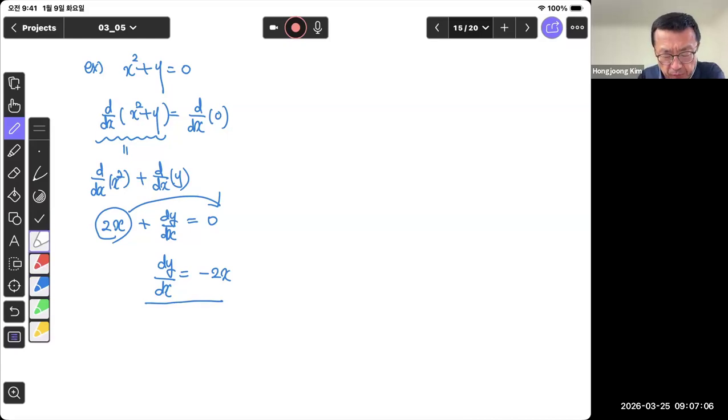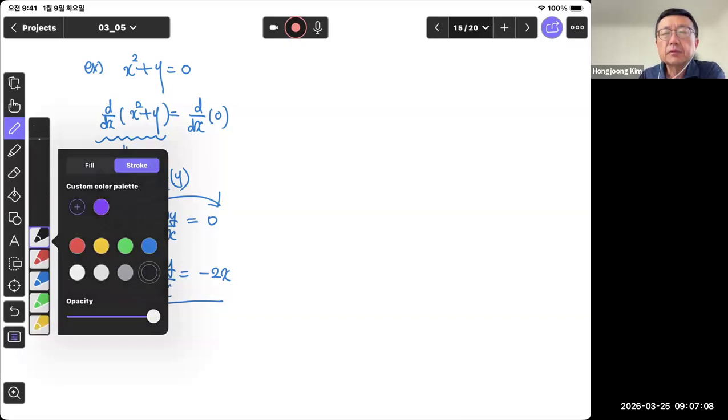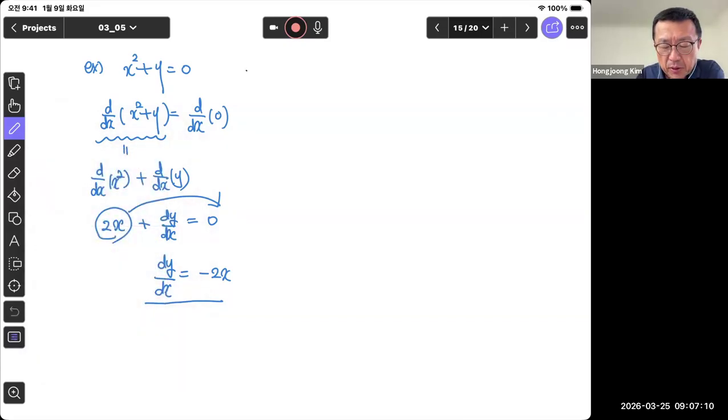Now, in this specific case, I can convert the given equation to an explicit definition of y. In other words, when x squared is moved to the right hand side, we get y equals negative x squared.